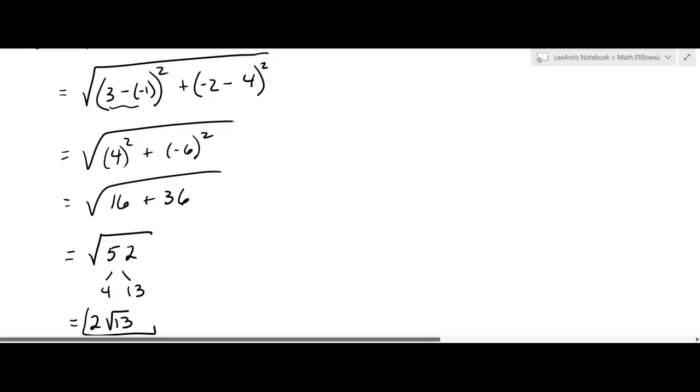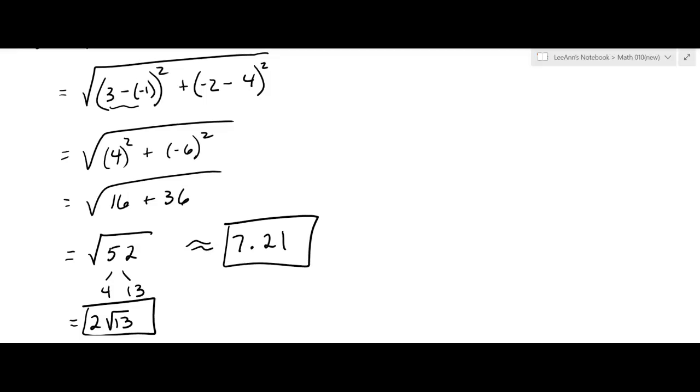So that's one answer right there. But they also wanted it rounded off to 2 decimal places. So I'll just take the square root of 52 and see what I get. 2 decimal places, I get 7.21. Okay, so that's how you use the distance formula, and there you go.